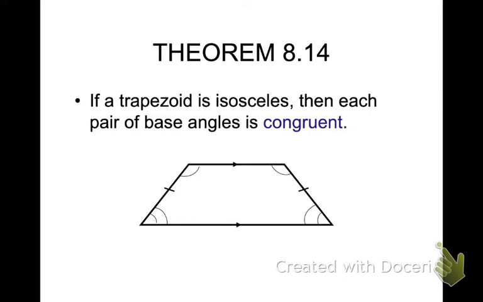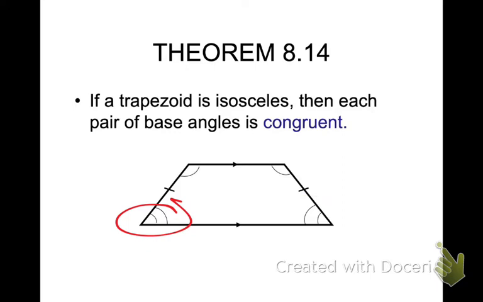If a trapezoid is isosceles, then each pair of base angles is congruent. So if we know that it's isosceles and we know that those legs are congruent, then I know that each of those base angles are going to be congruent. So the top base angles will be the same and the bottom base angles will be the same.